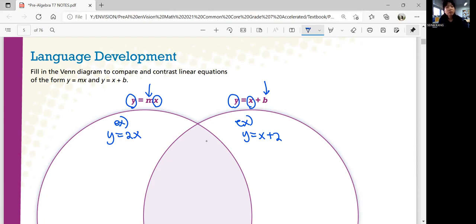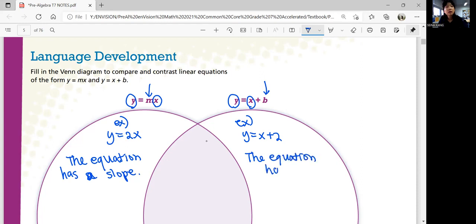Here, the equation has a slope. Here, the equation has a y-intercept. Okay, do you see other differences? If not, we can come back.